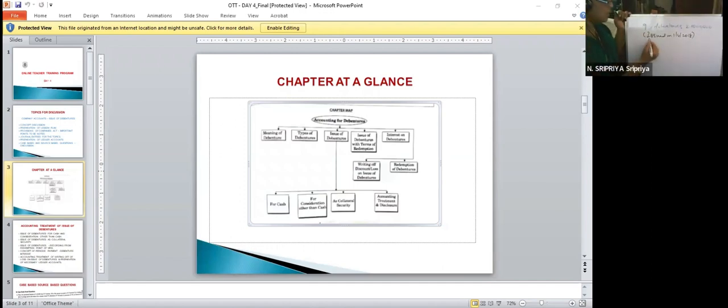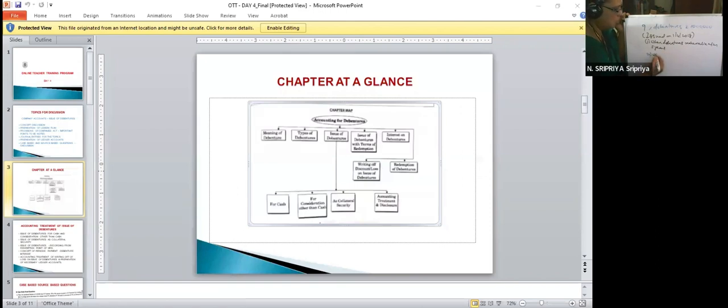Option number 1, when debentures are redeemable after 5 years.